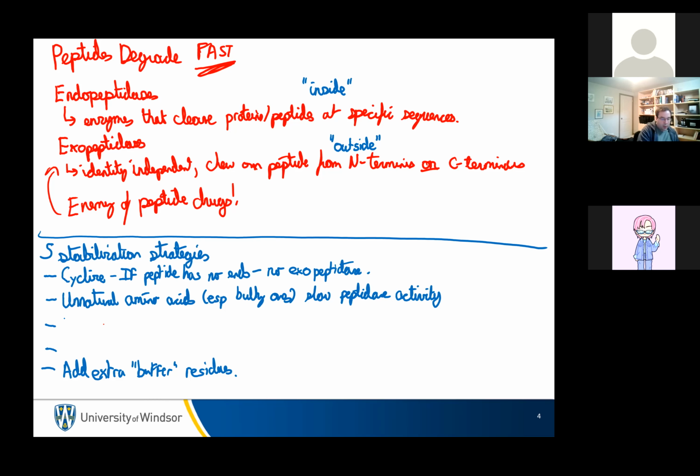A second way is N-methylation. Actually, I'm going to just change it to N-alkylation. And we're going to see two different versions of this. This removes the NH in the amide bond.